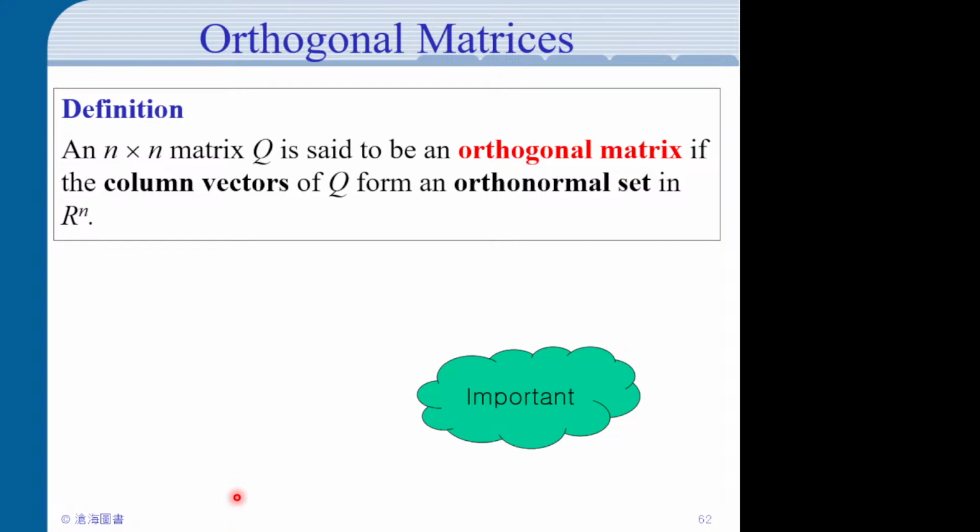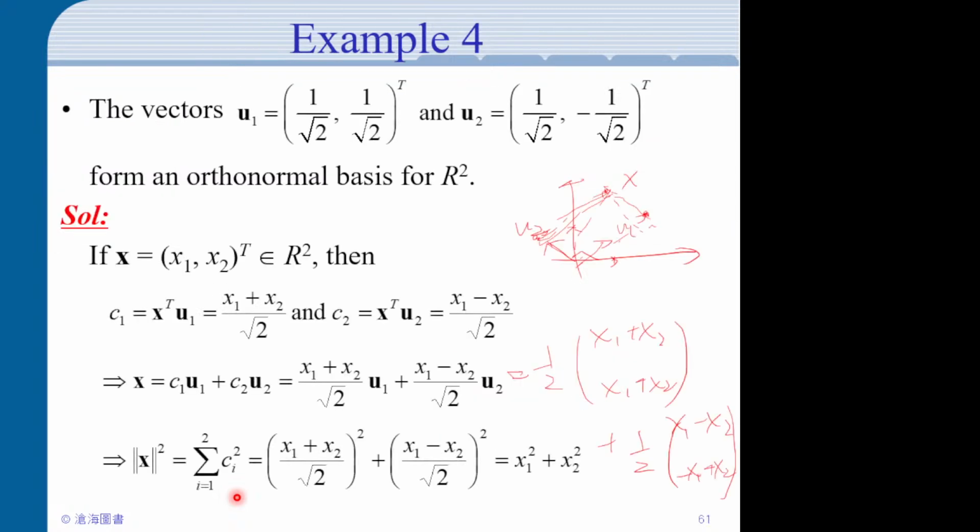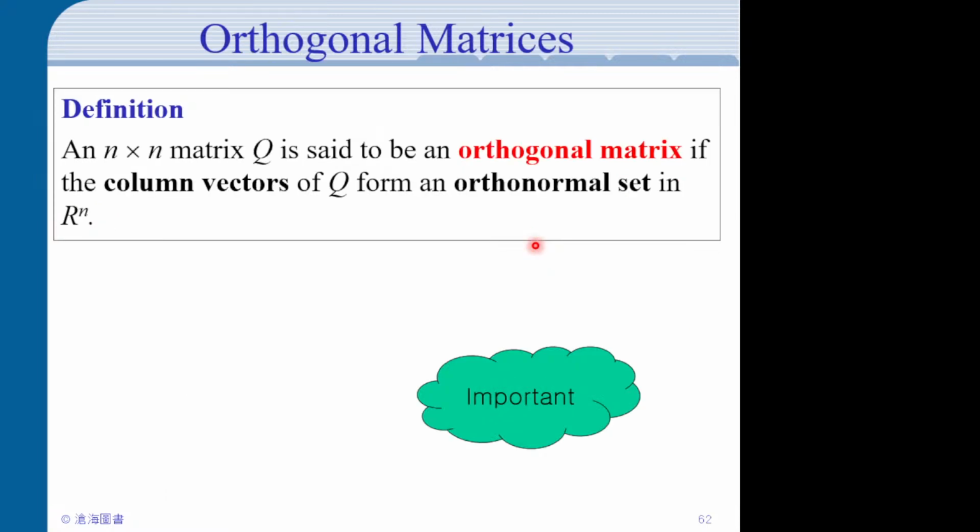These orthogonal matrices are basically matrices that transform between orthonormal bases. Kind of like how we change from the standard basis to our U1, U2 basis, and that will be done by orthogonal matrices.